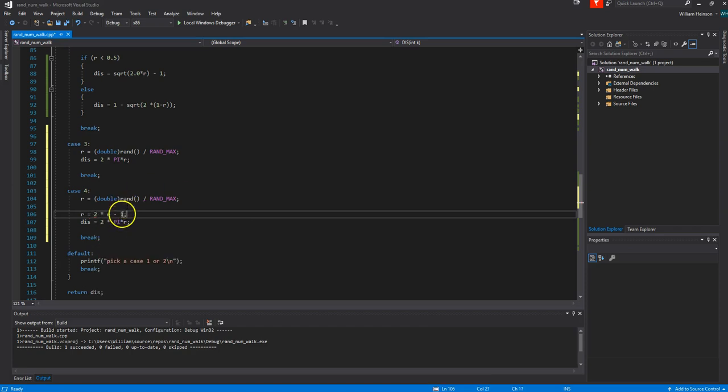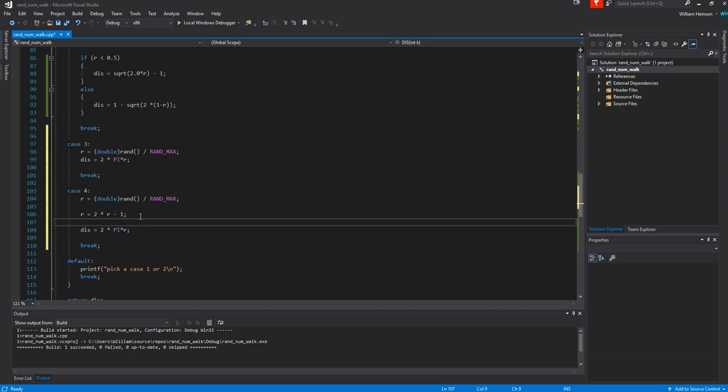That takes a random number, makes it from 0 to 1, and then we're going to set our thing that's returned, which is just called distance, to a cos r.